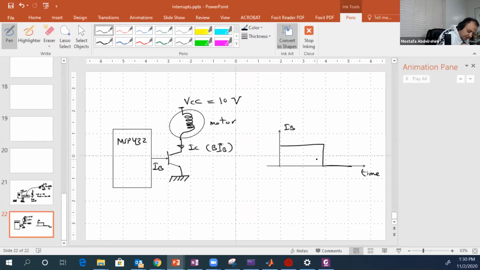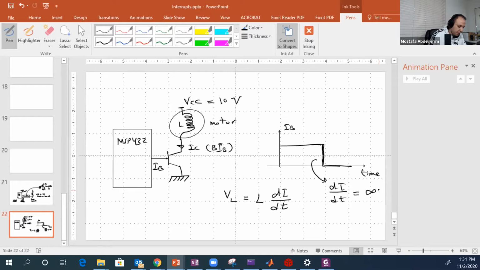So the voltage of the coil, the EMF that I'm saying, is equal to L, which is the inductance of the coil, di by dt. Guys, when you have a very large, abrupt change like this, from high to low, this di by dt, theoretically, is equal to infinity.